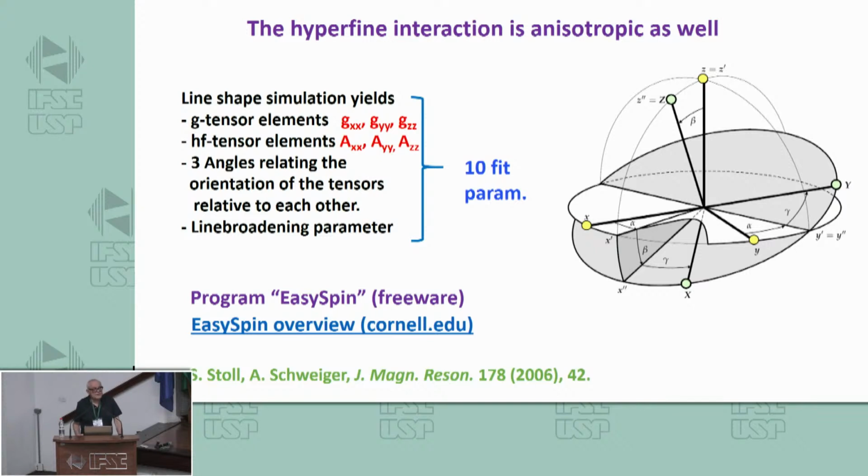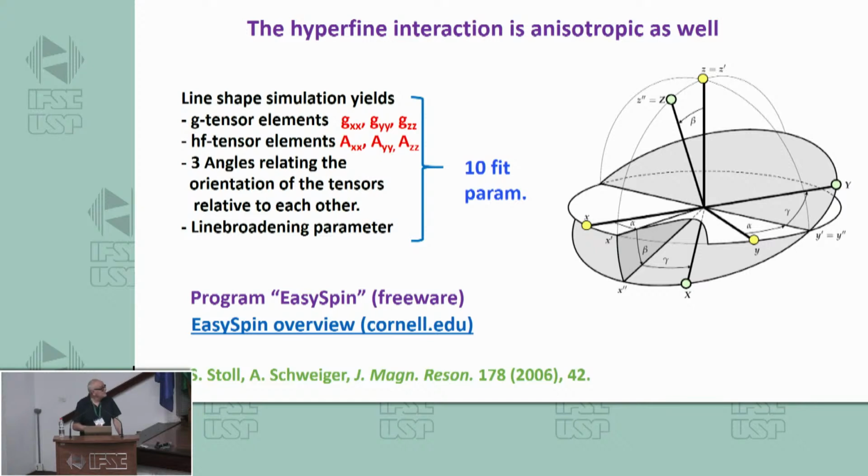To completely describe the system, you also need to specify the angles that relate the 2 tensors with respect to each other. You can see here the green tensor is the one for the hyperfine interaction, and the yellow one denotes the G tensor. So there you see these 3 angles, alpha, beta, and gamma, relating the 2 tensors.